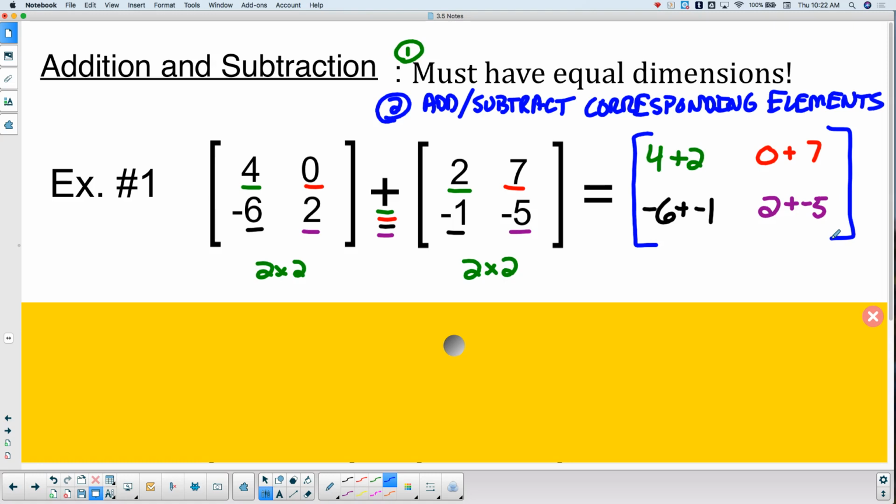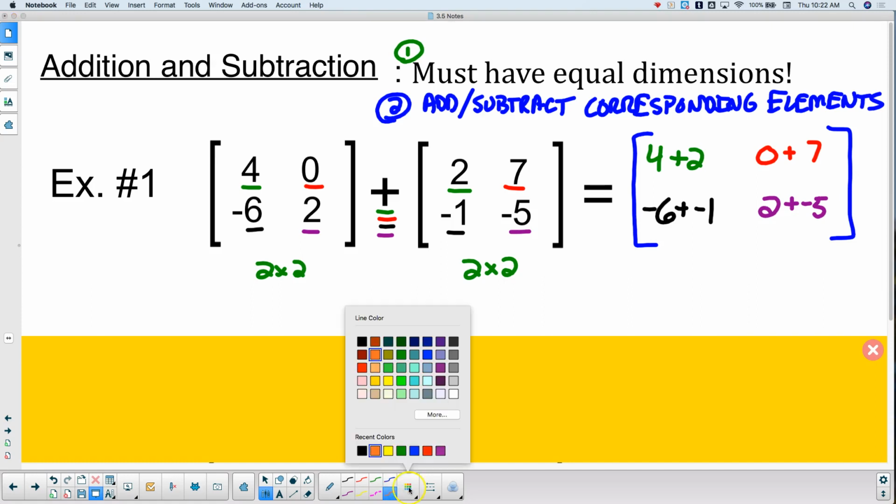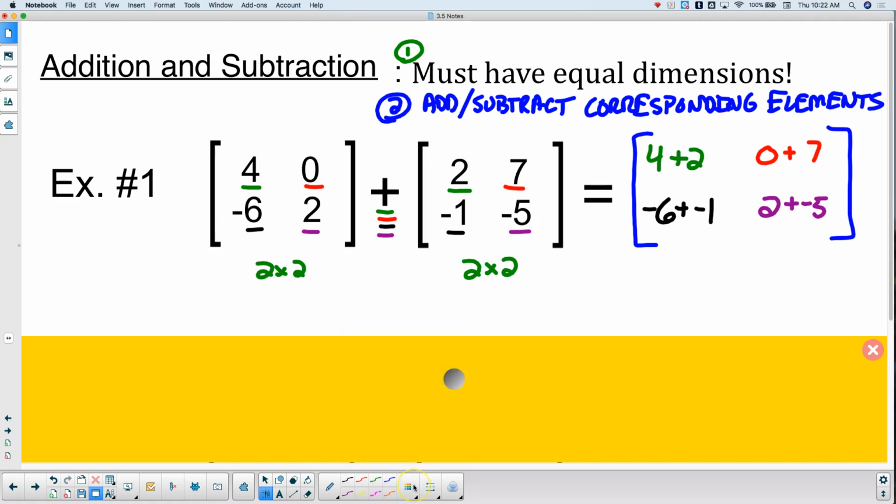So then to finish it off, now I would just simply, 4 plus 2 is 6. 0 plus 7 is 7. -6 plus -1 is -7. 2 plus -5 is -3.